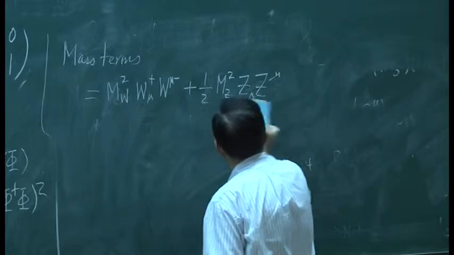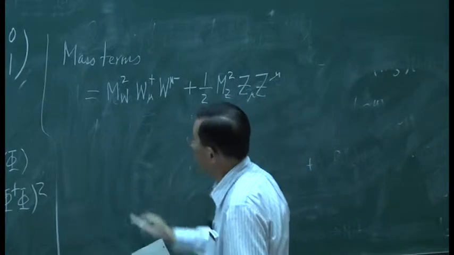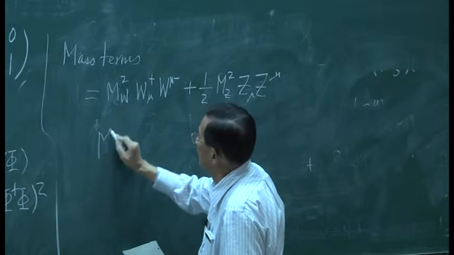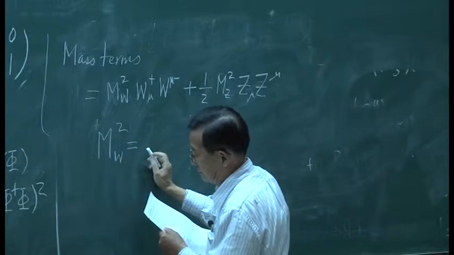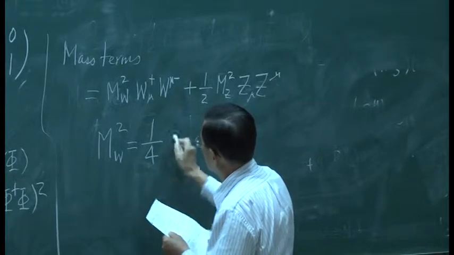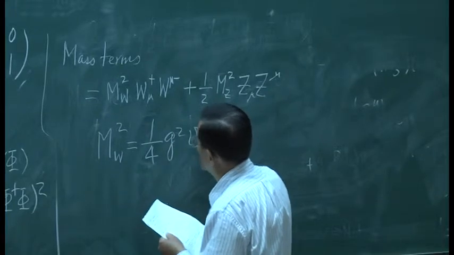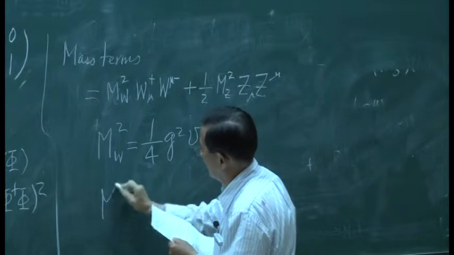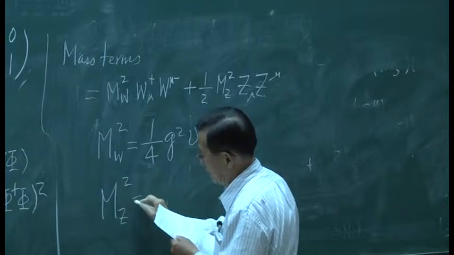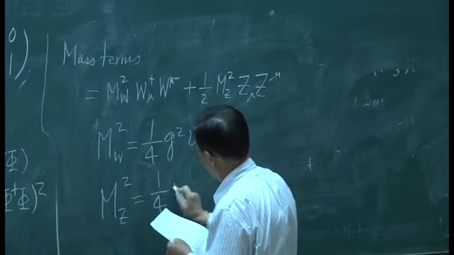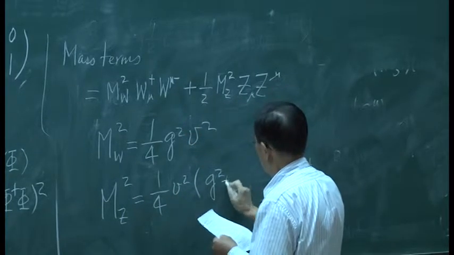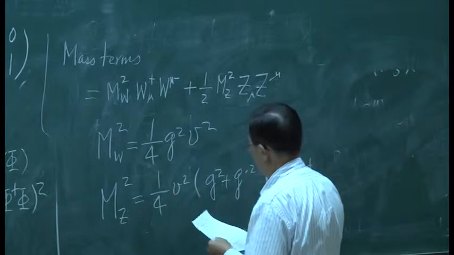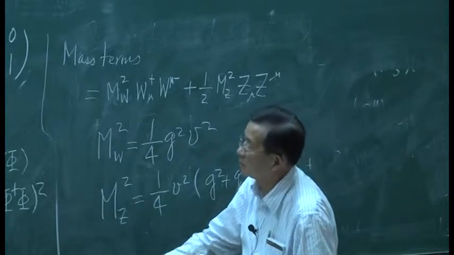Okay? And the masses you can just read off from there. m_W squared equals 1/4 g squared v squared, and the Z mass is 1/4 v squared times (g squared plus g prime squared). So here's the Higgs mechanism.